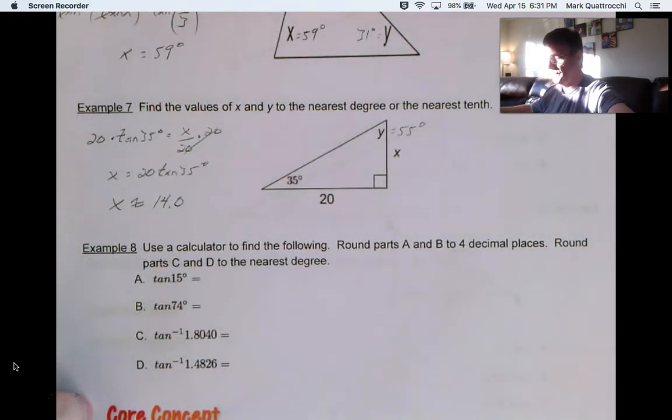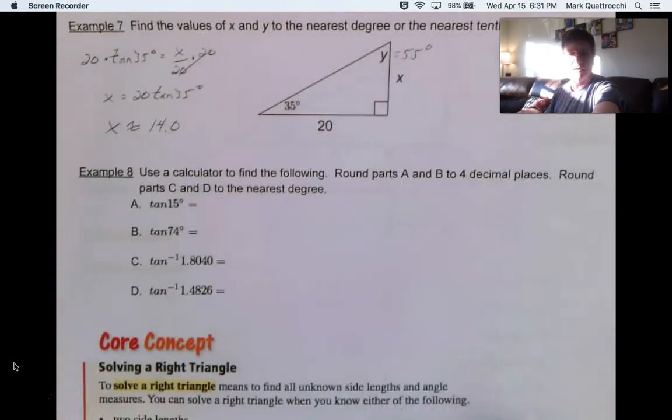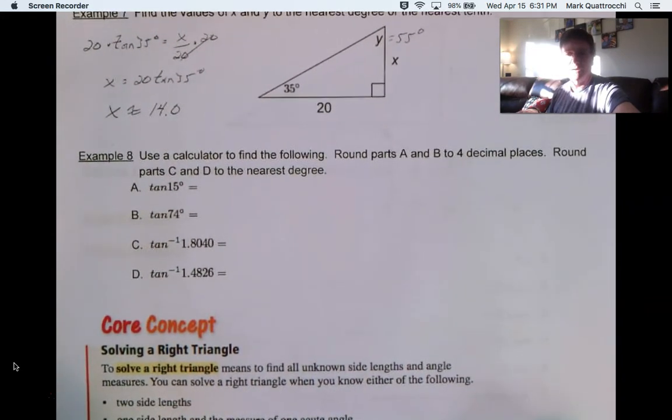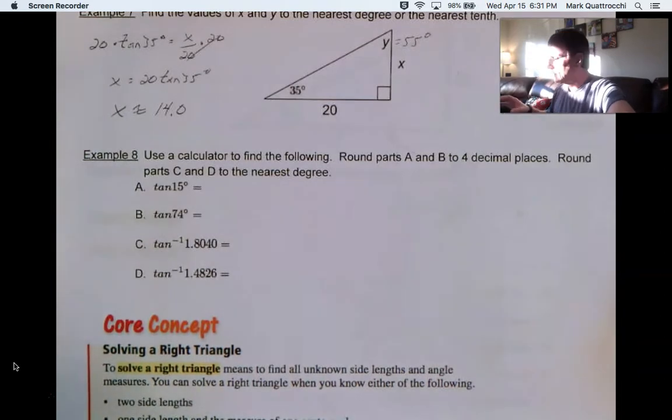All right, use your calculator to find the following. Parts A and B, we're going to go 4 decimal places. C and D, we're going to round to the nearest degree. So this is some calculator practice. 15 tangent.